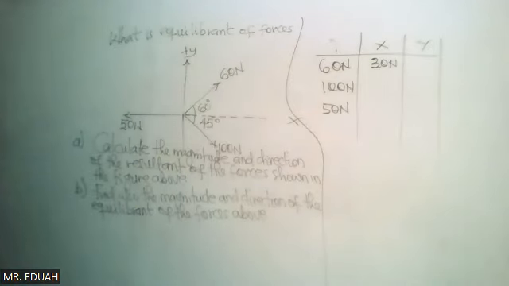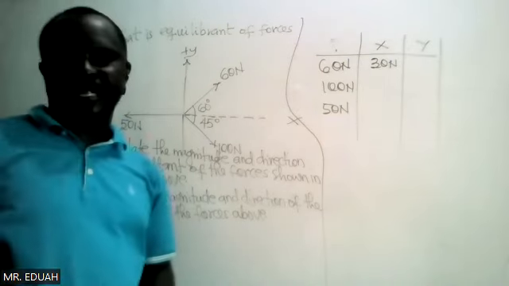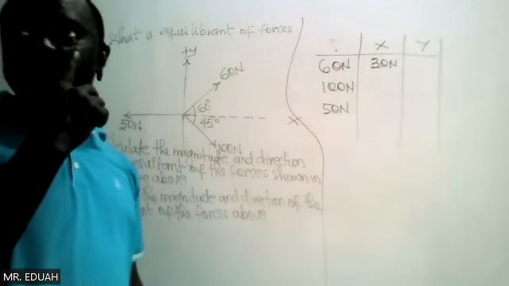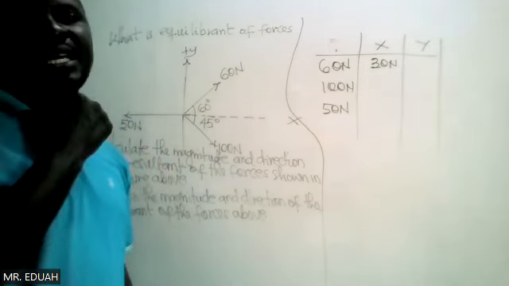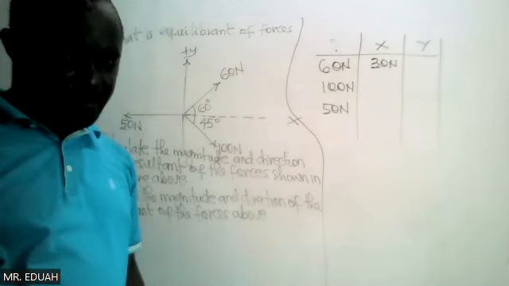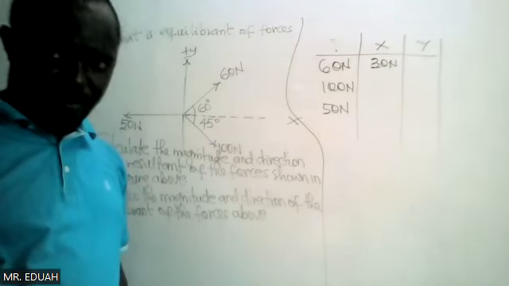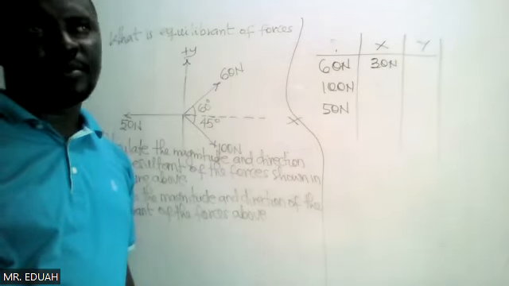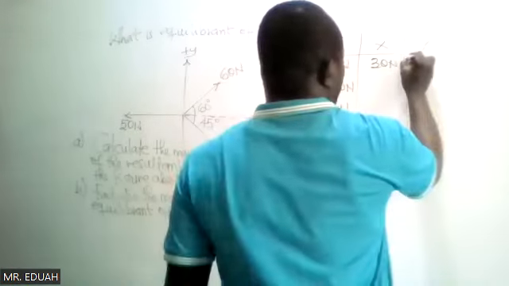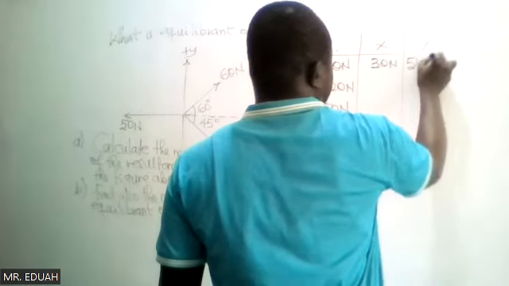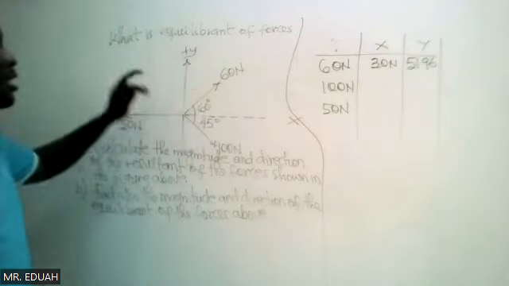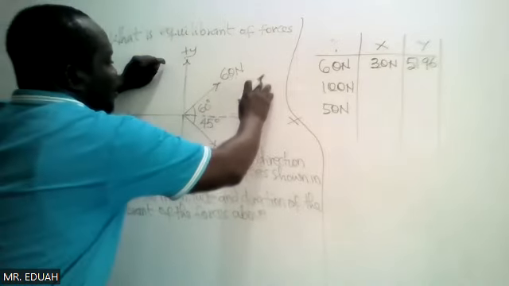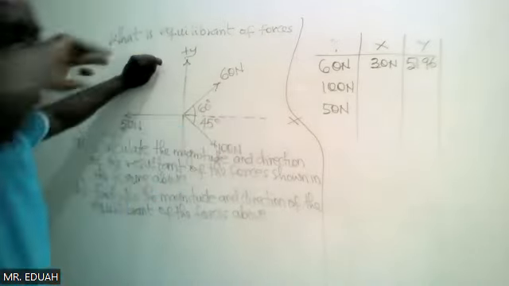Then 60 sine 60. So 60 times 0.866 is 51.96.